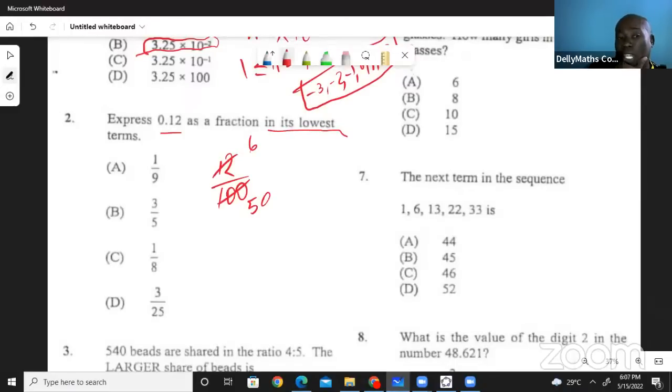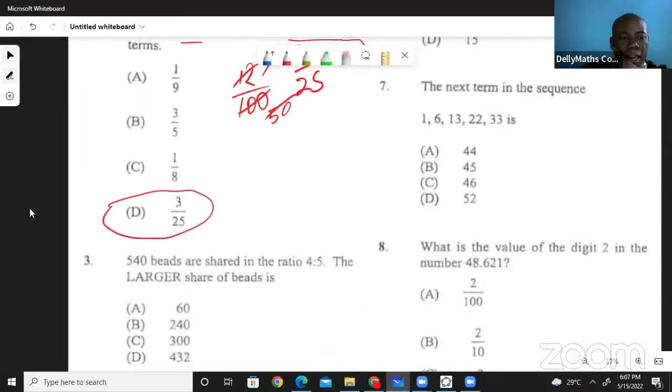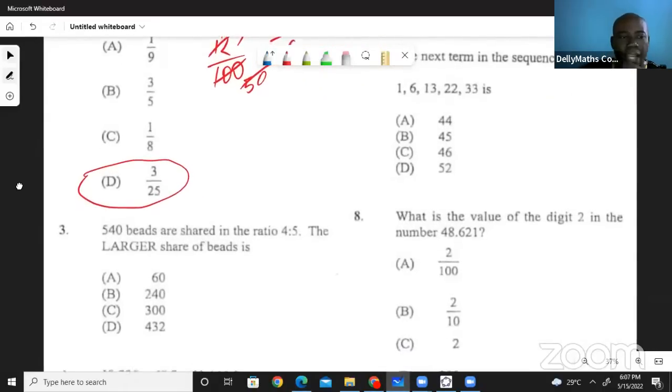And then you could go again. 2 into the 6, 3, and 2 into the 50 gives 25. So you're looking at 3/25 as the answer. Everybody seems like they are correct there. I'm getting Shay, Michelle. Michelle, double check your answer. Yeah, I'm looking for 3/25 there. All right, let's look at the next one.